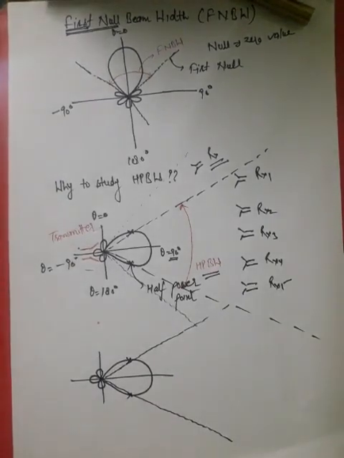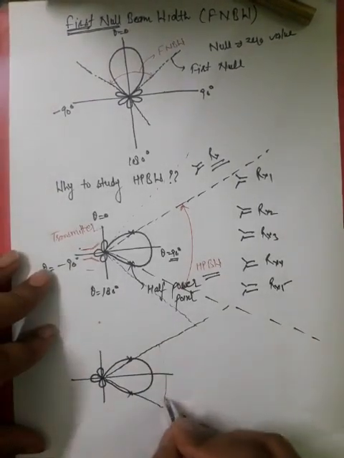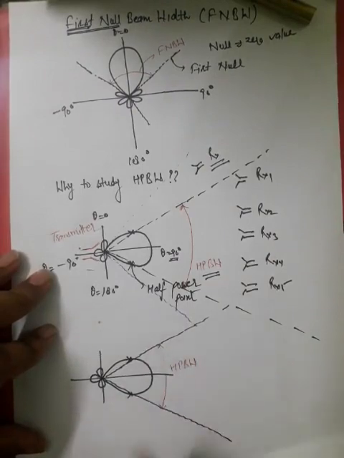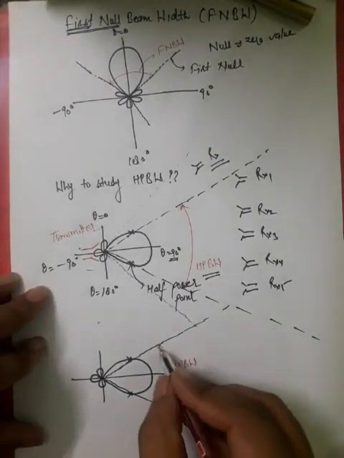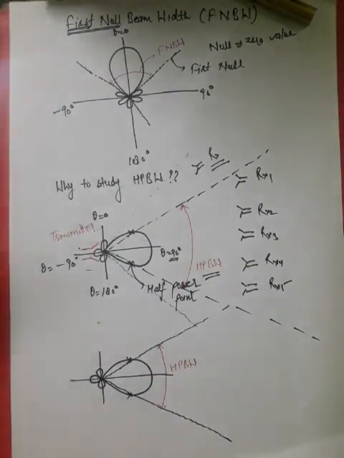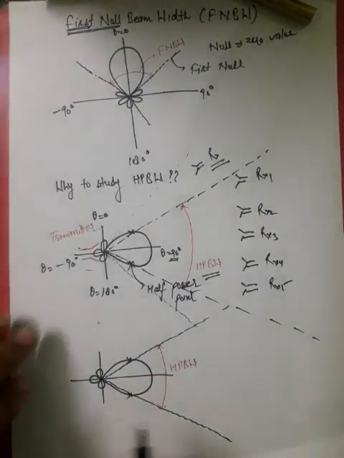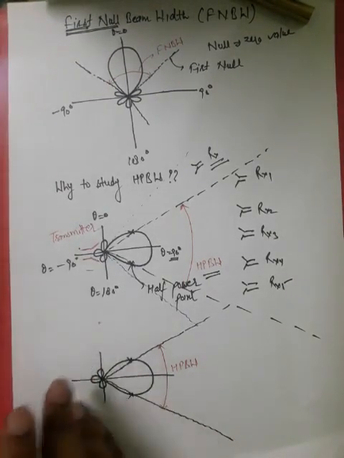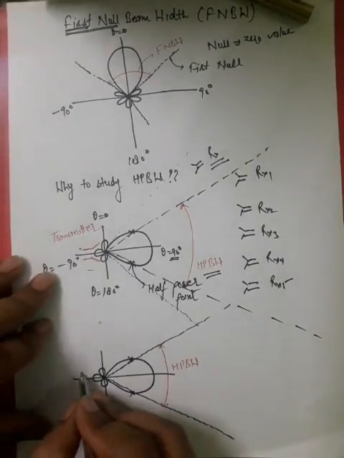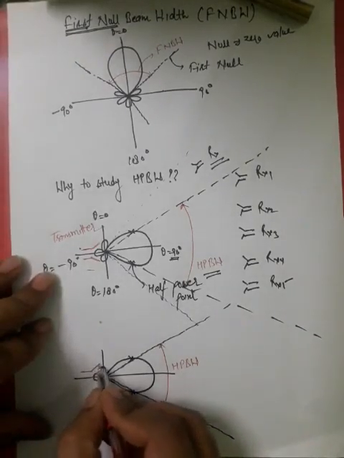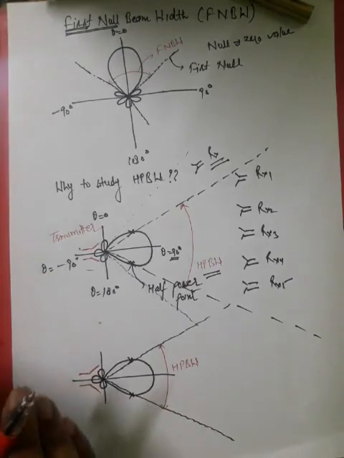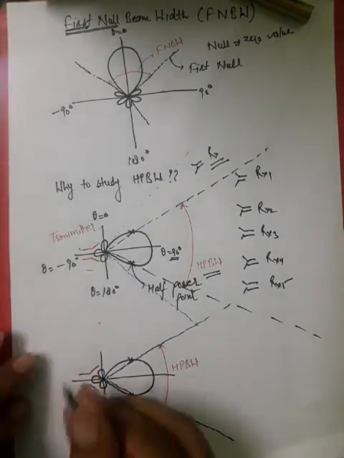Hopefully it will be visible to you, and this will be your half power beam width. Now I will consider this antenna as a receiver antenna.